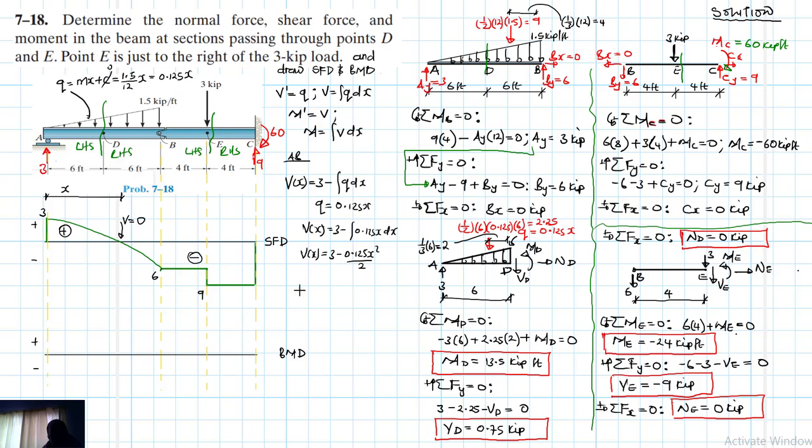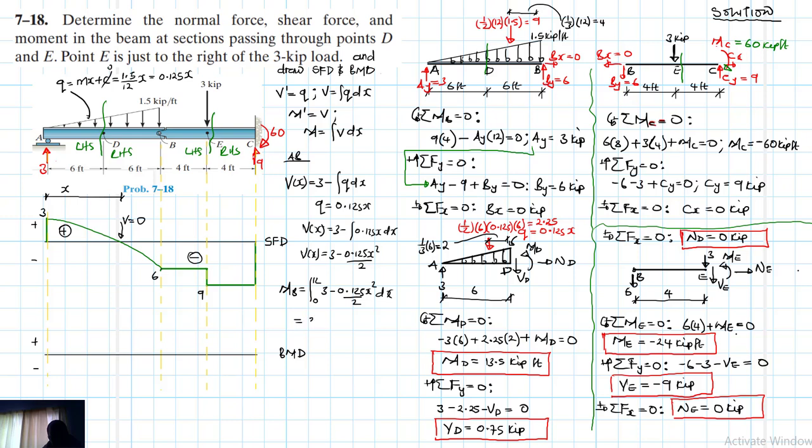So with this function, we can now find our moment at B, which is going to be equal to 0. So our MB we expect to be equal to 0 using this equation, because we know that at B, which is a pin, moment is equal to 0. So integral from 0 to 12, 3 minus 0.125 x squared divided by 2 dx.